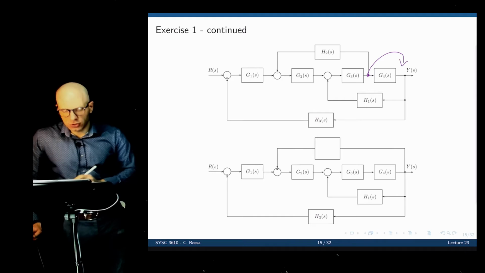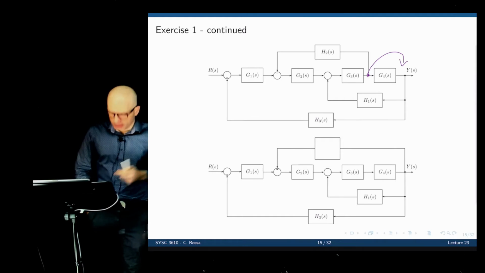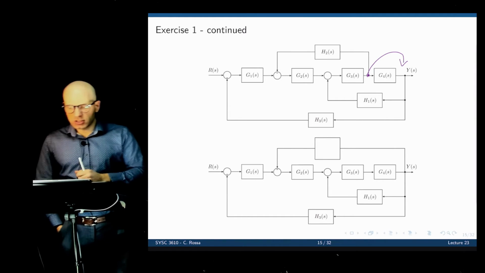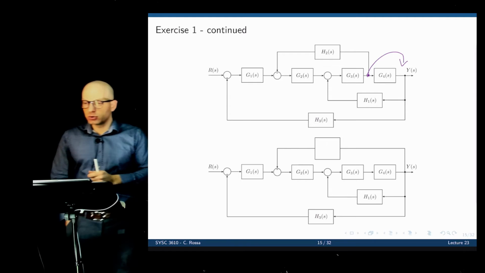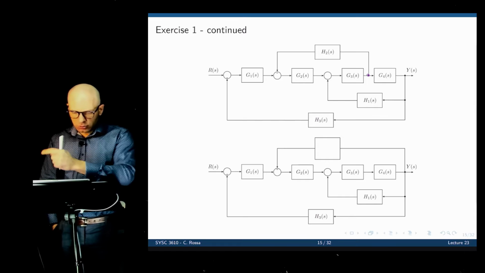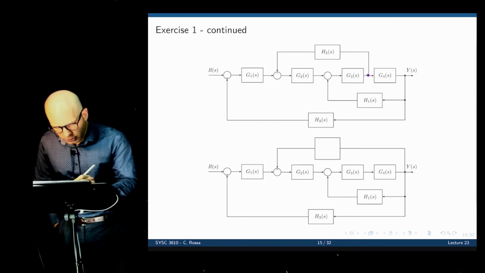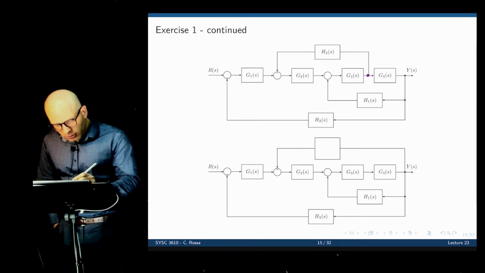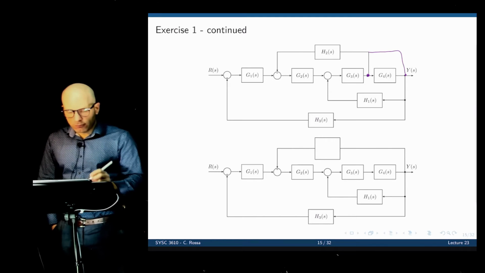So the first thing that you're going to do here is to take this point and move it past G4. Of course, you can't just move it like that, because that would change the signal we are sending to H2. The signal we are picking to send to H2 comes just after G3. But now we took the signal and moved that past G4.